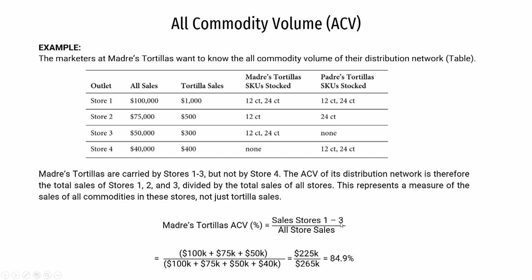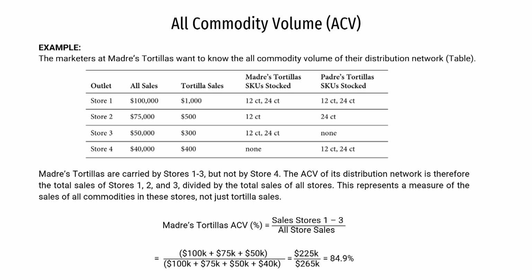For stores 1 to 3, the total sales are 100,000 plus 75,000 plus 50,000, divided by 100,000 plus 75,000 plus 50,000 plus 40,000.